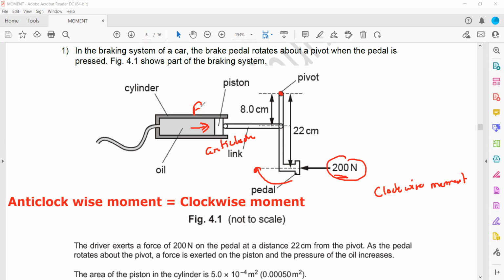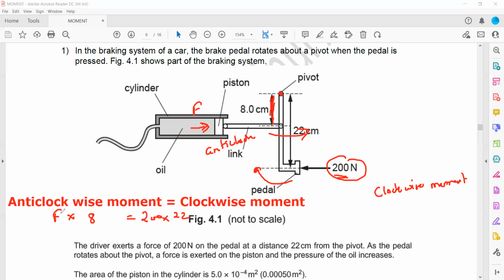And the anti-clockwise moment is due to the force F and at a distance of 8 centimeter from the pivot. So anti-clockwise moment is F, the force, multiplied by 8, the distance from the pivot, equal to the clockwise moment. The force is 200 multiplied by distance from the pivot, that is equal to 22.